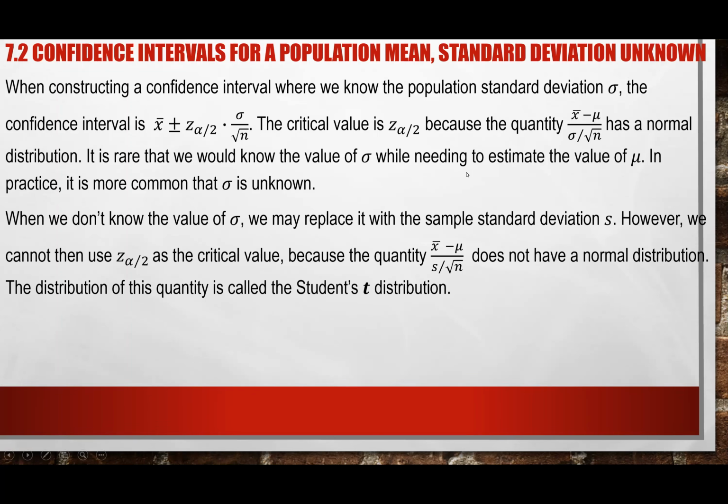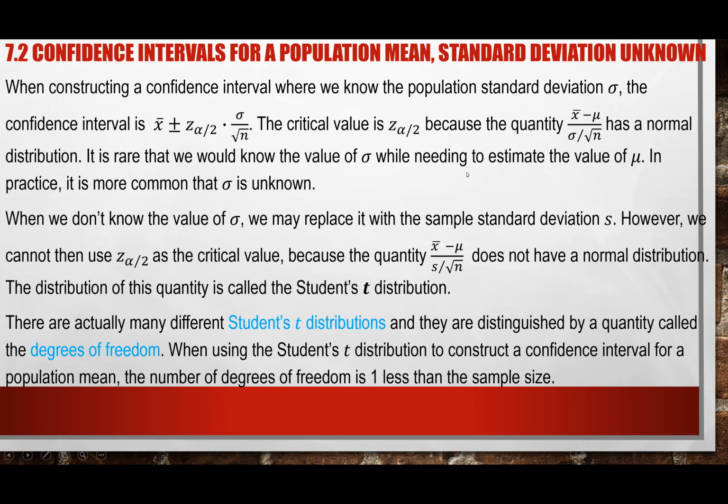Well, this is a t distribution. Sometimes it's called a student t distribution, because a group of students found this distribution. They found that by doing this, eventually it will approximate a normal distribution, a standard normal bell-shaped curve.